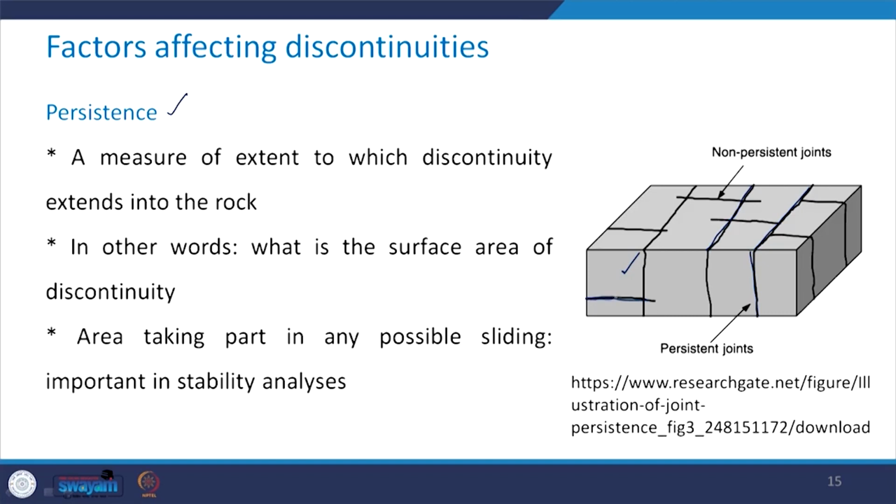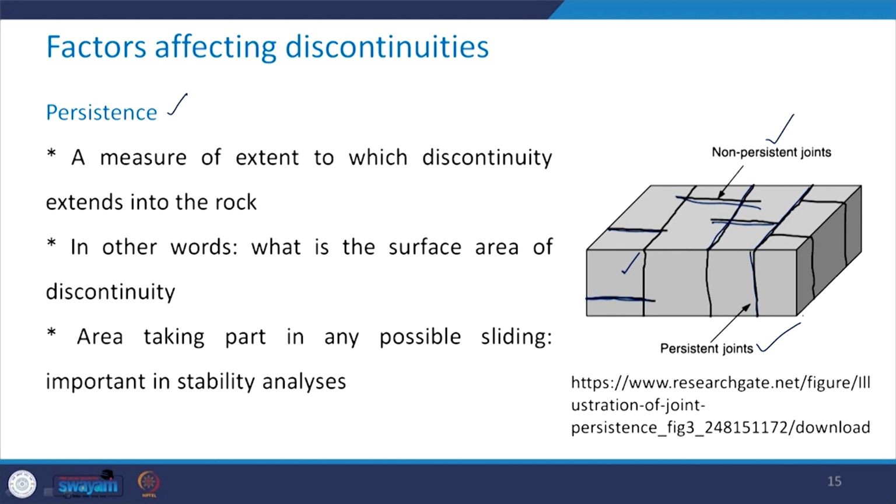However, this joint set, you see, is not extending, it is like this. So, these are called non-persistent joints. However, a joint which is extending in the rock is called a persistent joint.